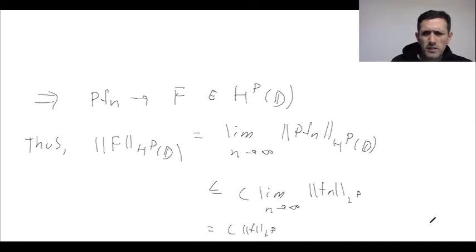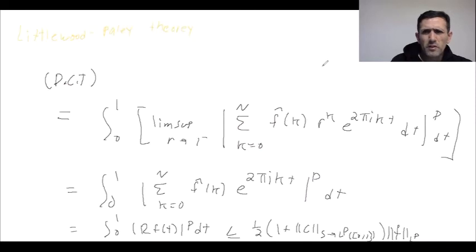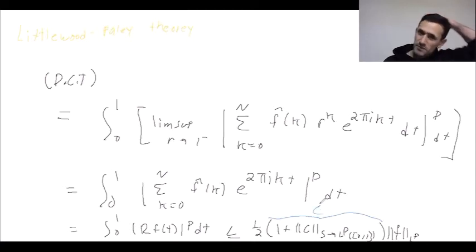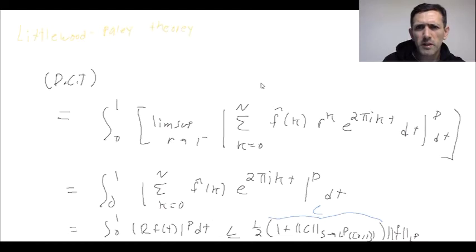And again, C is just this, this is what C is. So I'll do this in blue. Maybe I'll make this capital C here for the conjugate function. Yeah, this is what my C is, 1/2 (1 plus the norm of this conjugate function operator). All right.